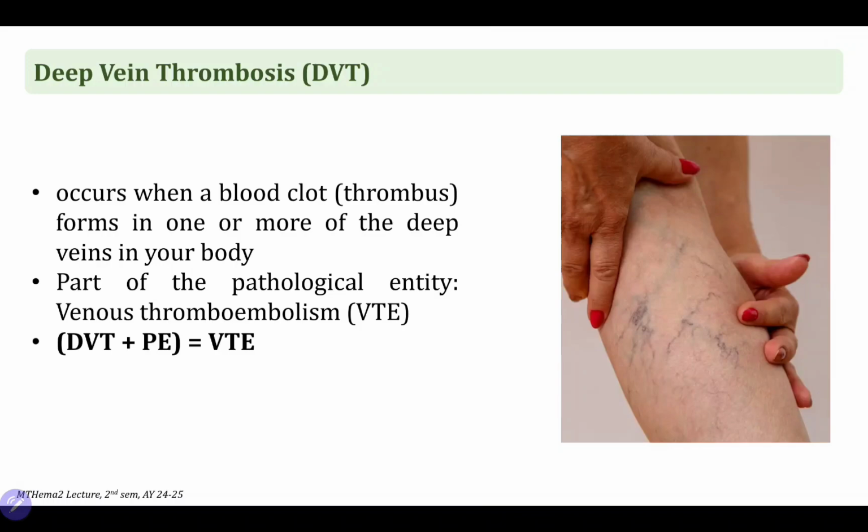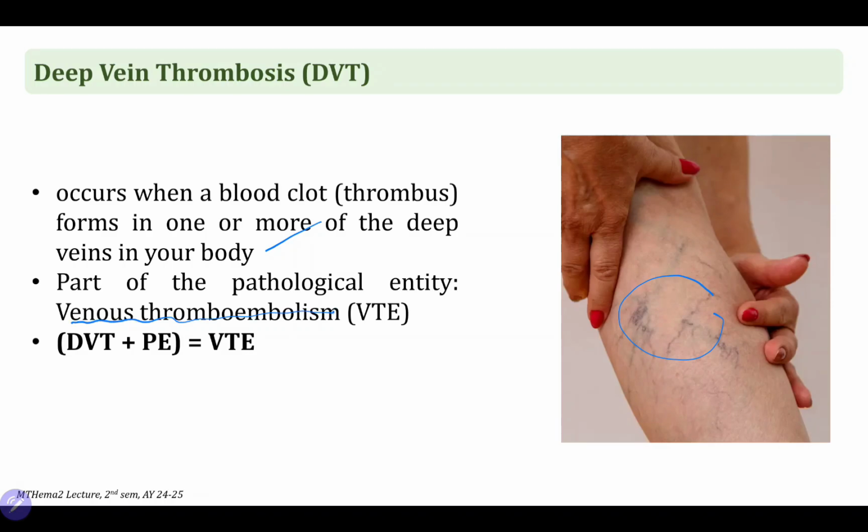Next is we have your deep vein thrombosis or your DVT. This occurs when a blood clot or a thrombus forms in one or more of the deep veins of the body. This is usually associated with the lower limbs at saka sa arms ng mga patients natin. Now, your DVT is part of the pathological entity known as venous thromboembolism or VTE.